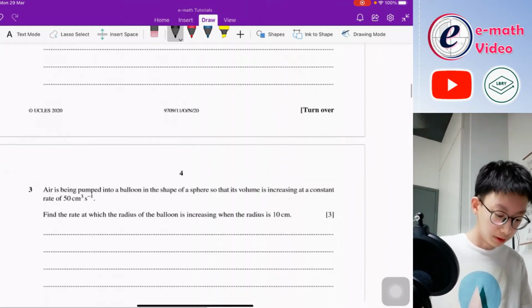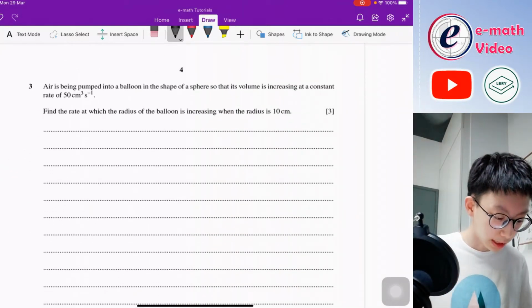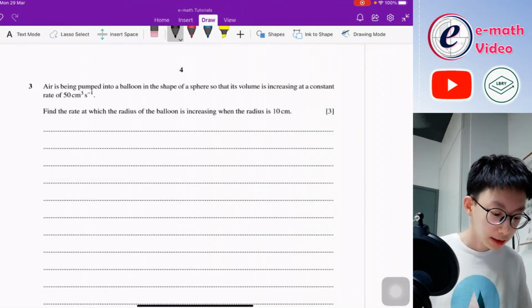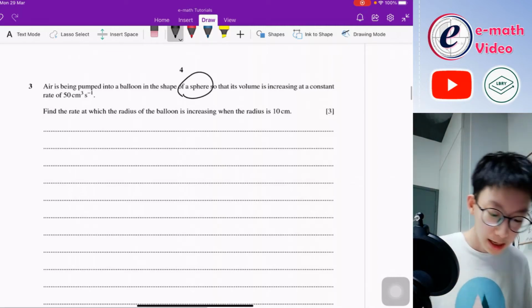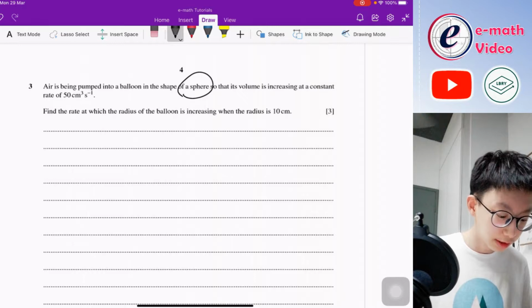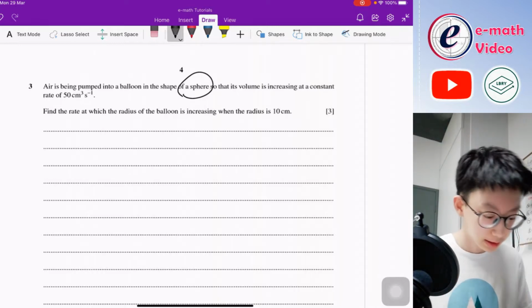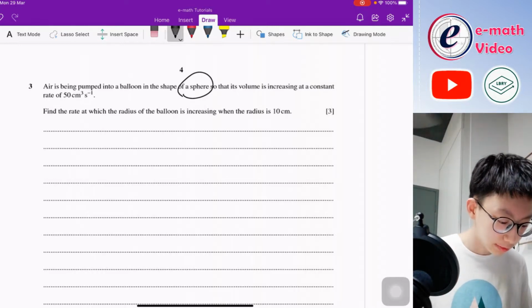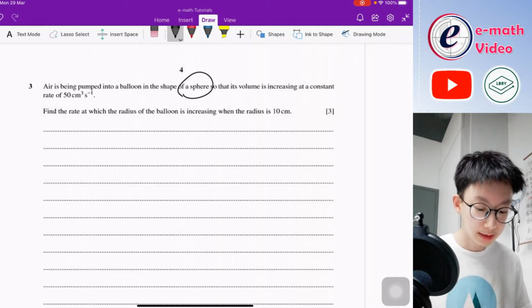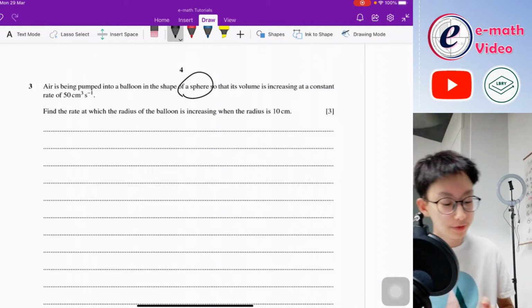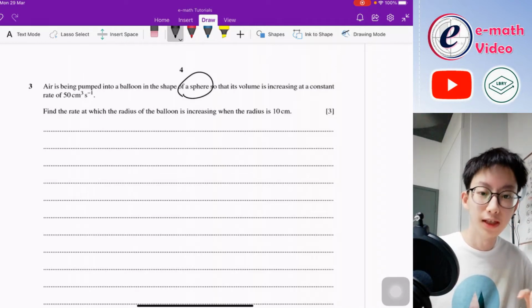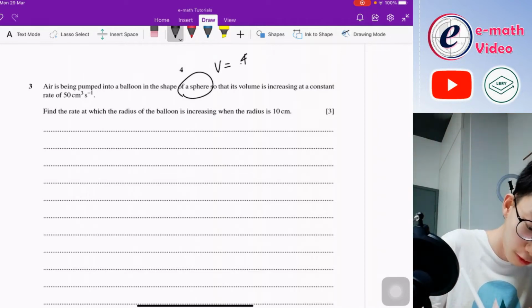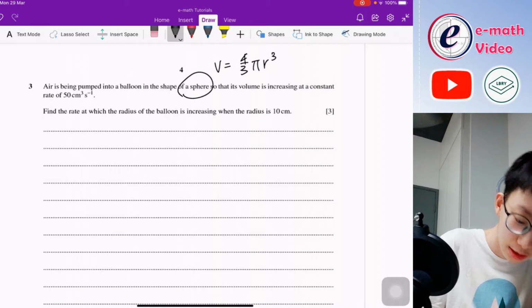Then question number 3. Air is being pumped into a balloon in the shape of a sphere, and its volume is increasing at a constant rate of 50 cm³ per second. Find the rate at which the radius increases when r equals 10. First of all, the volume of a sphere is 4 over 3 pi r cubed.